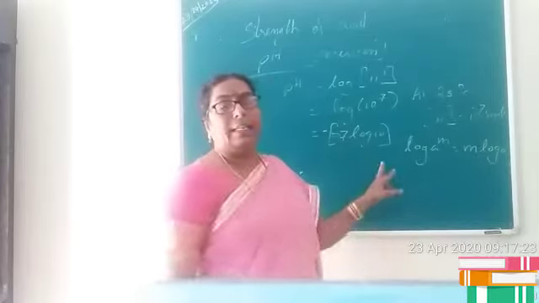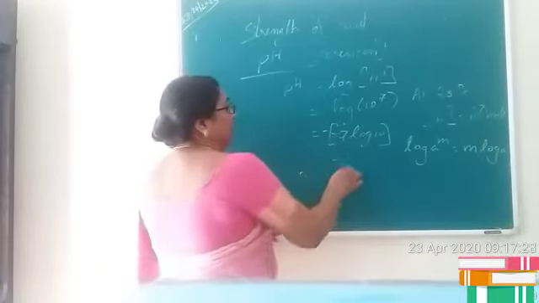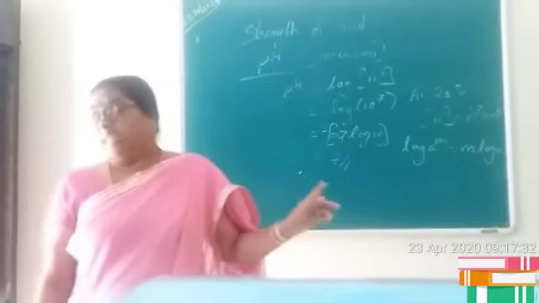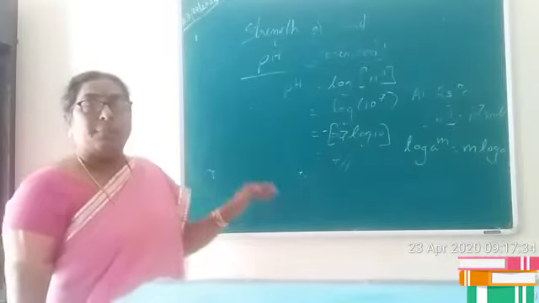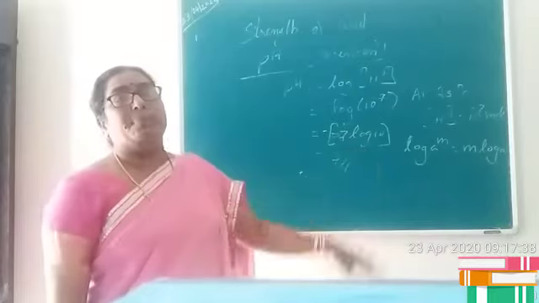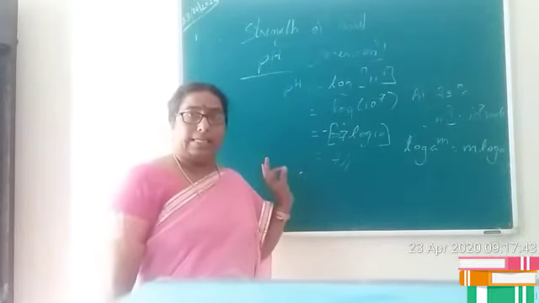And log 10, the value is equal to 1. Therefore, this becomes minus into minus 7, that is 7. So pH of a neutral solution will be equal to 7. When the pH decreases from 7, the acidic nature increases, and when the pH increases from 7, the basic nature increases. Is it clear, children?